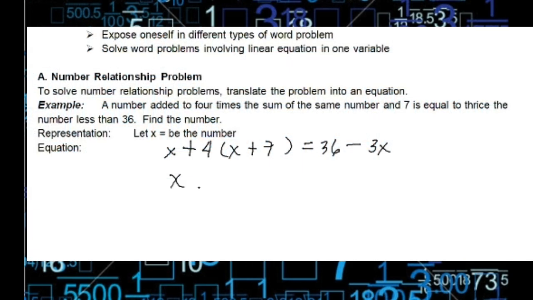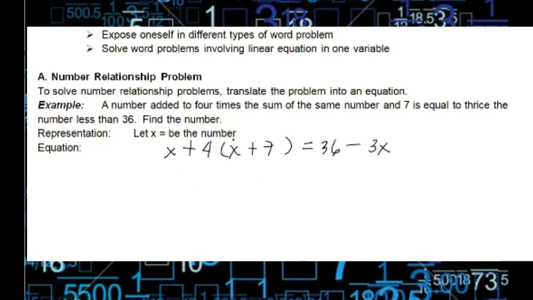A number added to 4 times the sum of the same number and 7 is equal to thrice the number less than 36. That's it. Then now, we have the equation. We need to solve for the value of x.